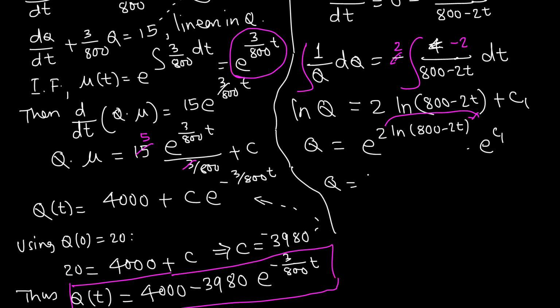So Q equals C times 800 minus 2t, raised to 2. Now this is Q as a function of t.